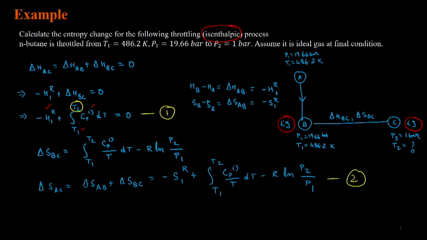So let's start working with each one at a time. The first thing is to be able to calculate the residual enthalpy. And of course, if you're calculating residual enthalpy, let's also attempt to calculate residual entropy, S1R and H1R, right?